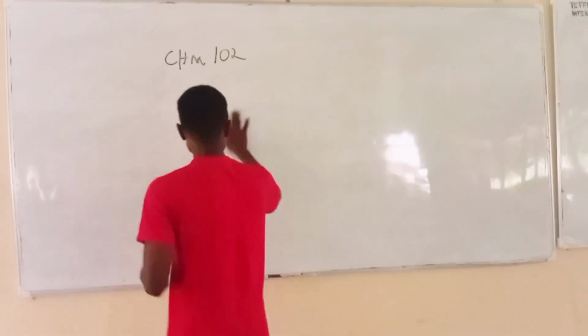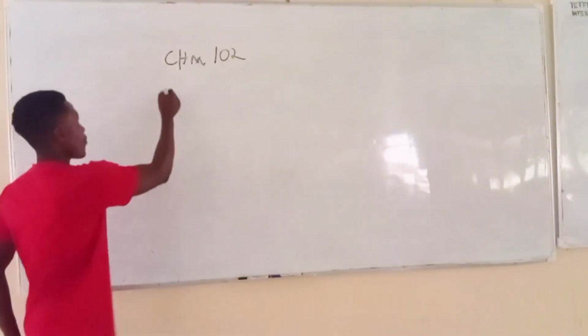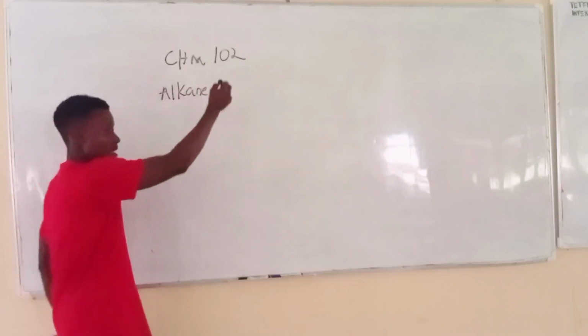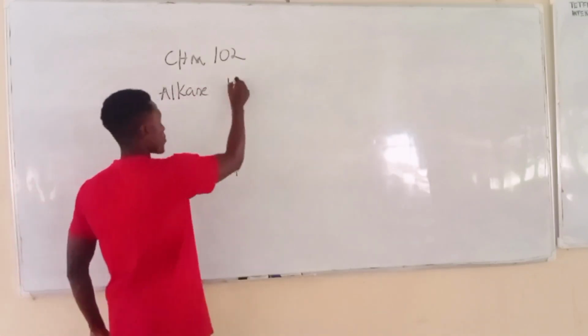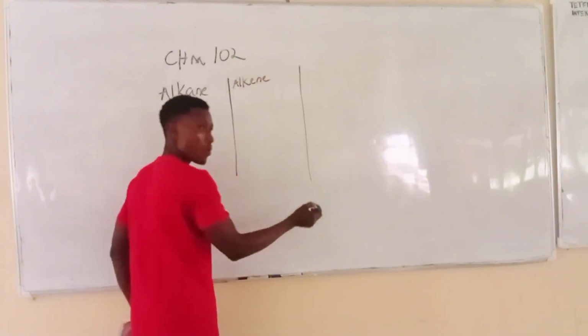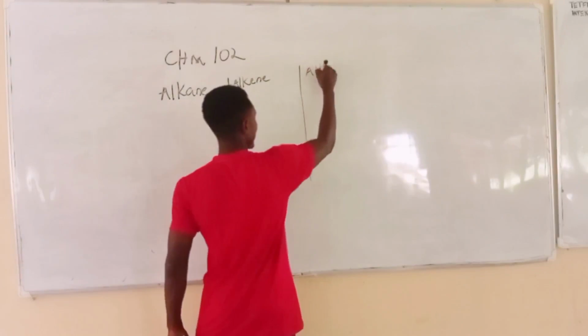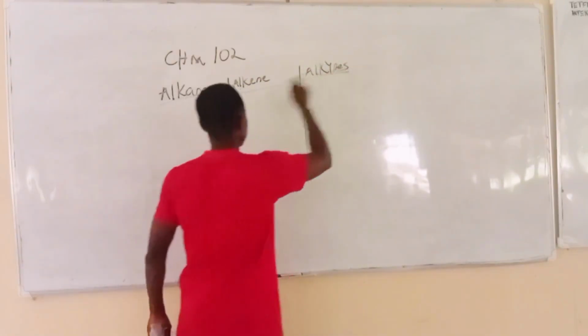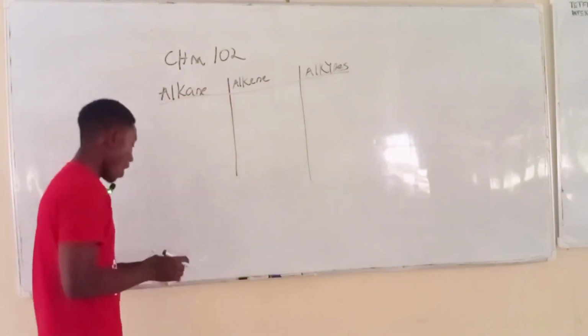So we are going to draw this table. We say alkanes, alkenes, and alkynes.